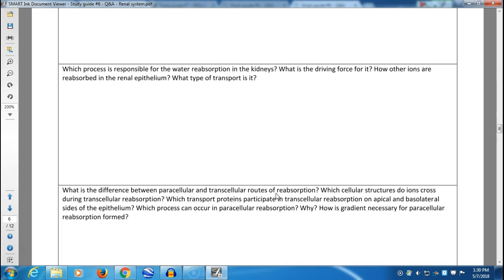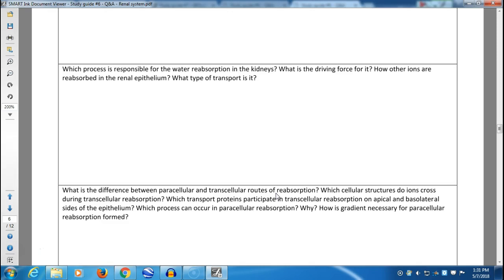So for the majority of other ions like calcium, chloride, glucose, amino acids, what is the process that is responsible for their reabsorption? Is that diffusion or active transport? Active transport. What type? Primary, secondary? It's a secondary active transport because what is the driving force for that active transport?